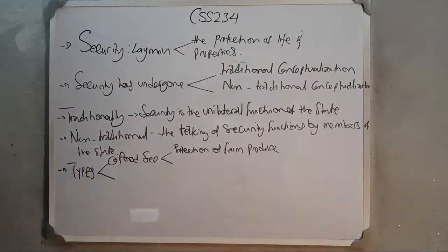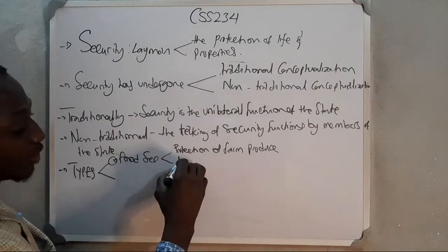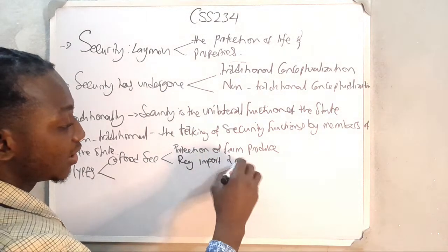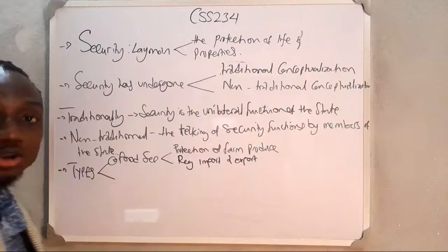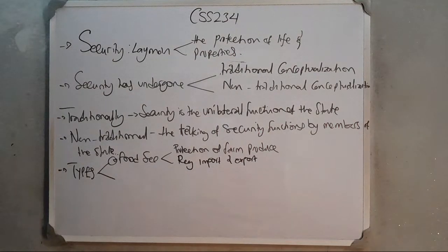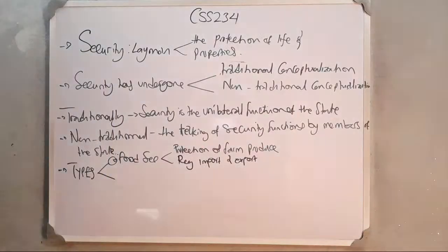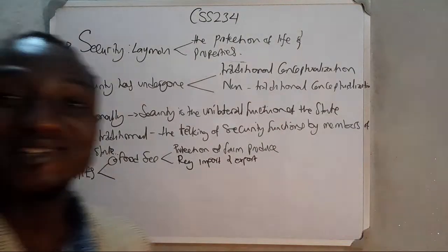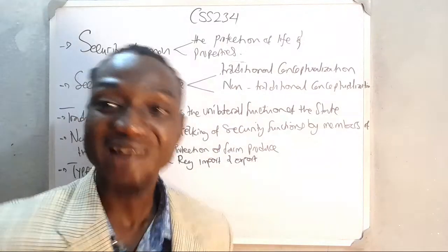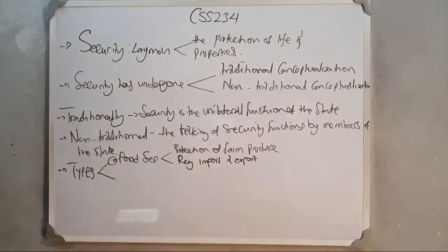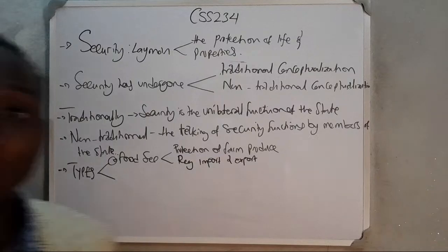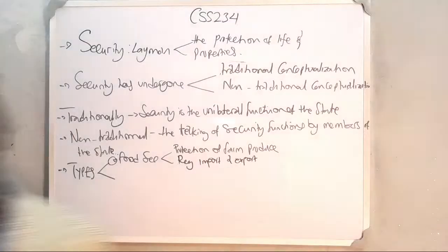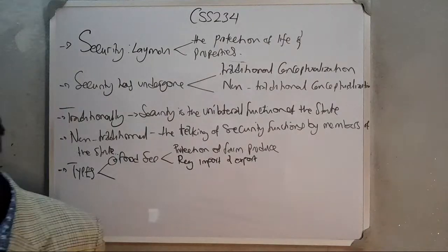It also involves checkmating governmental bodies responsible for checking what is being consumed in the state. We have the likes of NAFDAC, all of them checking the quality, the quantity control, and the likes. Basically all that falls under food security.